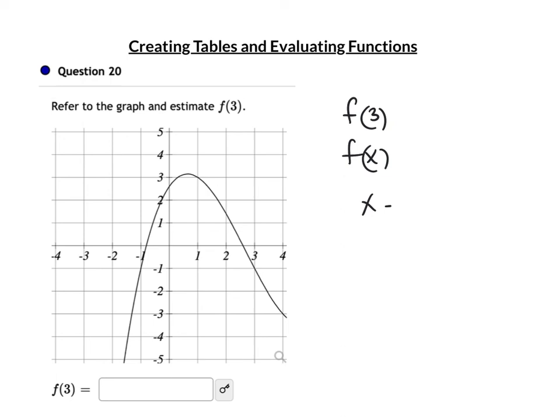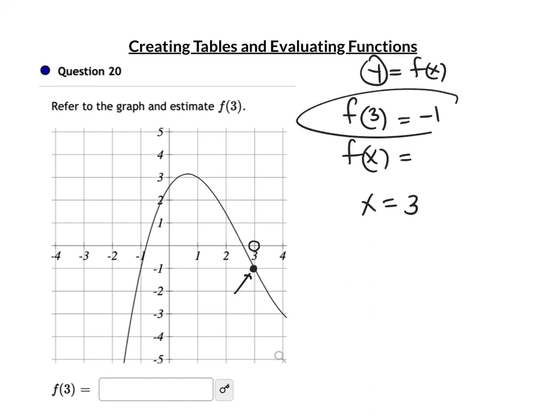In other words, x equals 3. Remember that y is the same thing as f of x. So we're really trying to find y in this case. Right? F of 3 would be when x is 3, and when x is 3, we're right there. What would y be? Well, it's on the line. It's right that point there. Y would be negative 1, and negative 1 is our answer.